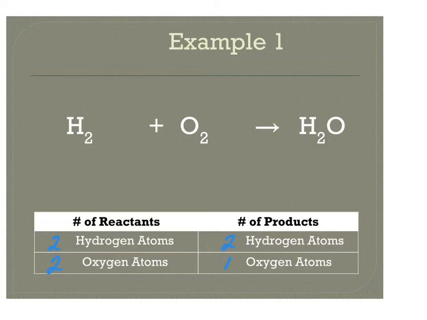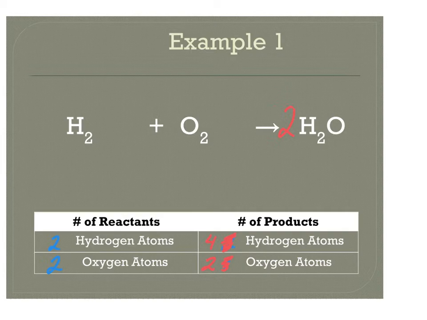To balance our oxygens, I need to add a coefficient in front of H2O. If I add a coefficient, that multiplies my H2O, and it now gives me 2 oxygen atoms. It also multiplies everything, so not only do I have 2 oxygen atoms, but I have 4 hydrogen atoms now.